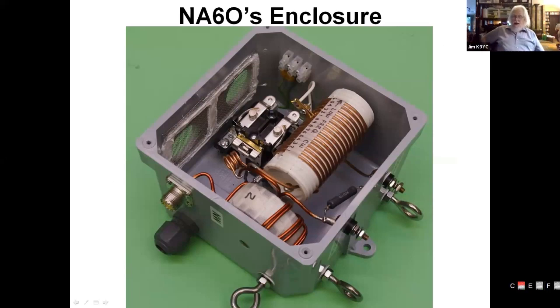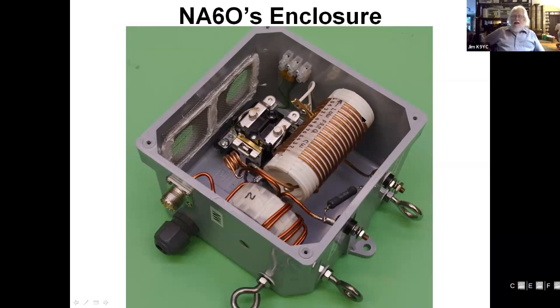Okay, so here's a photograph of the enclosure he built for a matching network. These are screened round holes, screens to keep the stuff out, so you've got airflow in here. Something similar to that, it doesn't mean you have to do what he did.